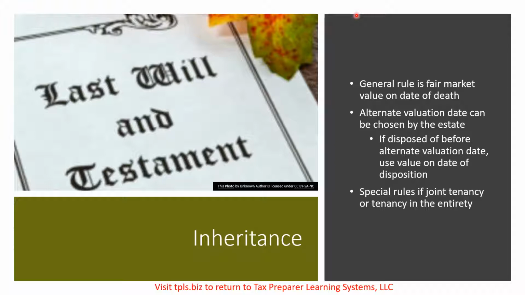Fair market value on an alternate valuation date, value under special use valuation, or adjusted basis when we have a qualified conservation easement. If joint tenancy or tenancy in the entirety is the original way the property was purchased, the amount contributed by the surviving tenant is taken into consideration when determining basis.